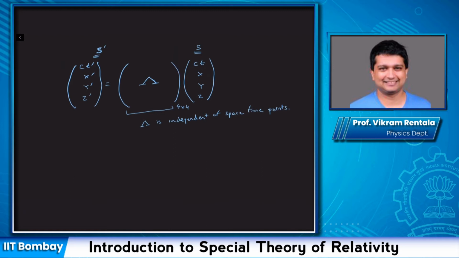Okay, so this would give us the most general linear transformation, but we want linear transformations which satisfy a particular criterion. That is, we want this quantity to be the same as this quantity after transformations.